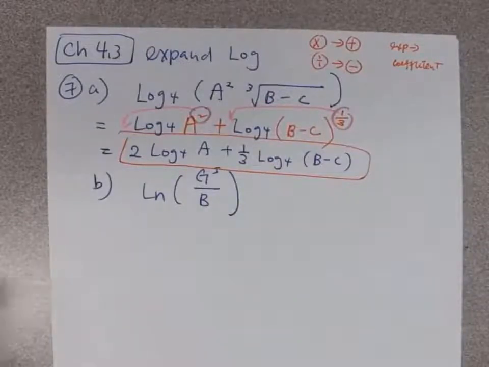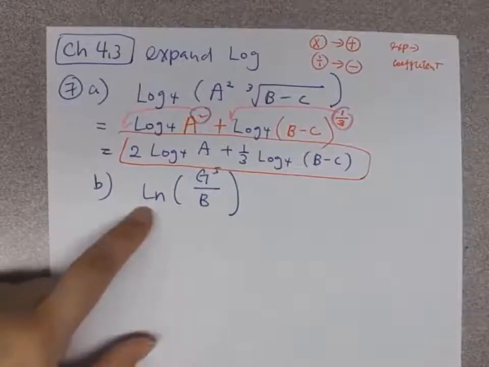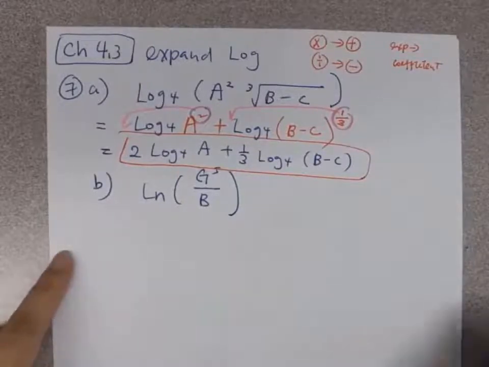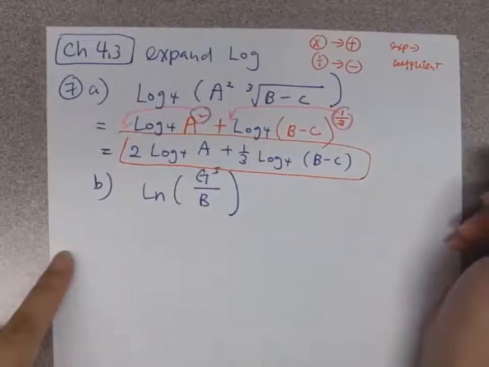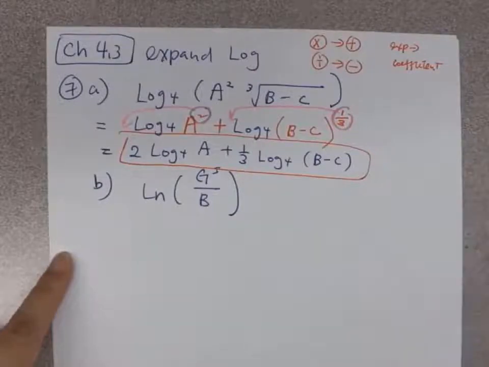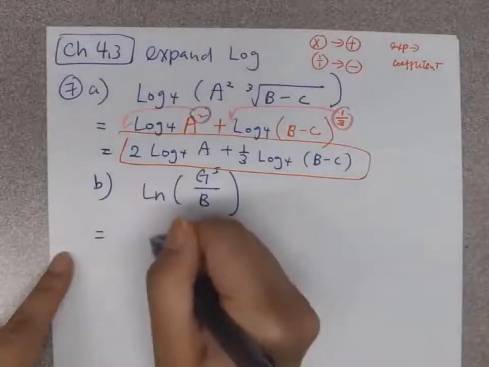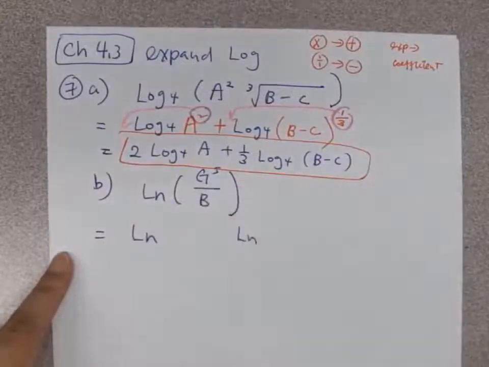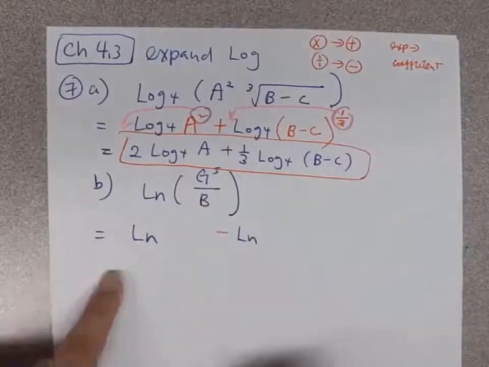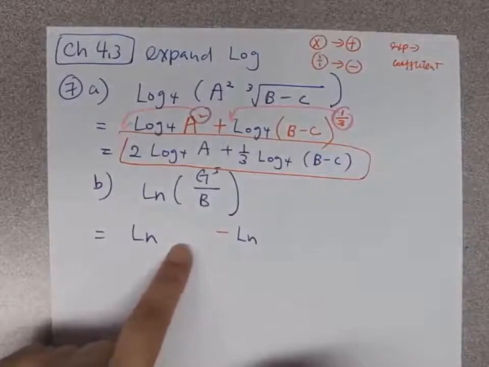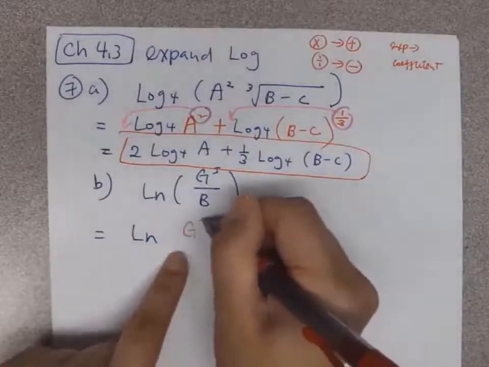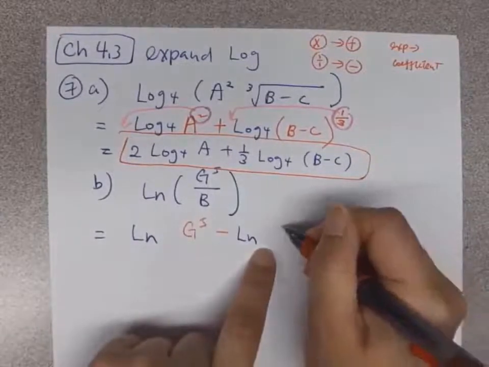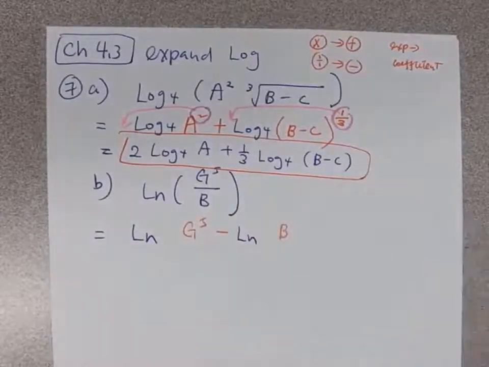So similar on the next one, this is division. It's going to turn into subtraction. How many terms? 2 terms. Both of them come with ln, right? So the first term you have g to the 5th power, and then b. Anything else I need to do?